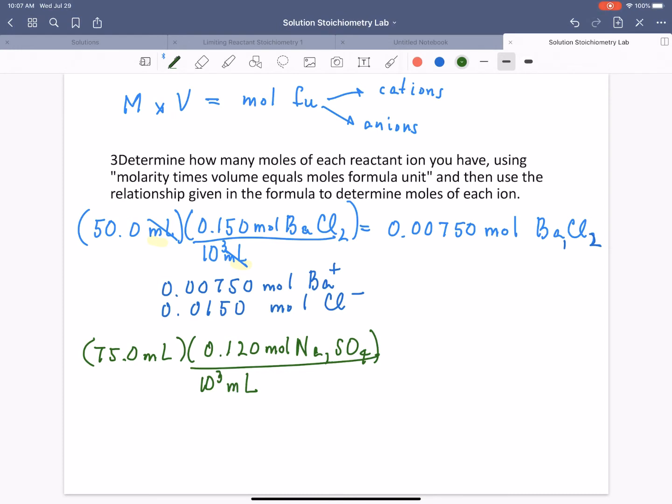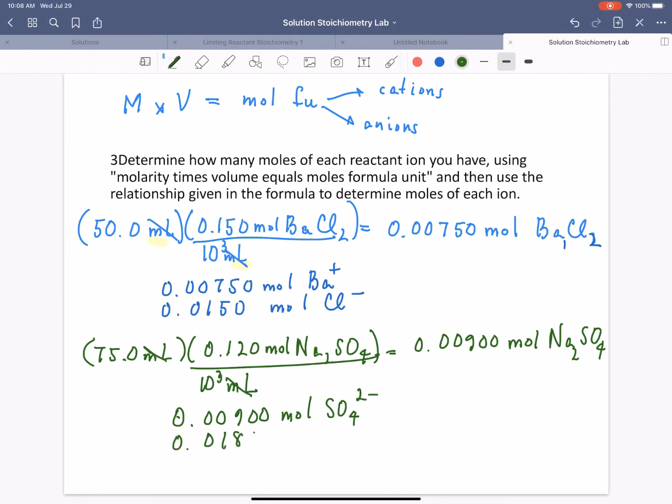Get it so my units will cancel. We have 1 sulfate for every formula unit, so 0.00900 moles of sulfate ions when the soluble salt dissolves and dissociates, and twice as many sodium ions.